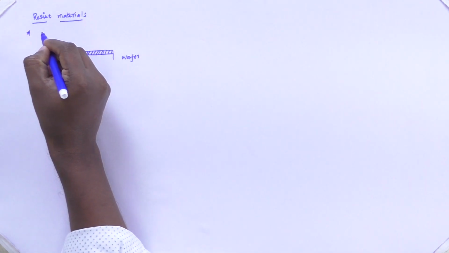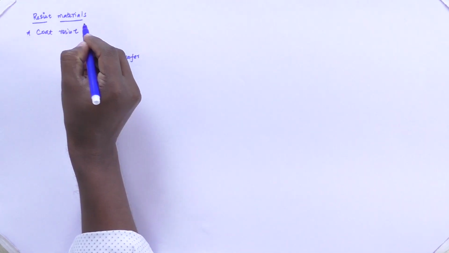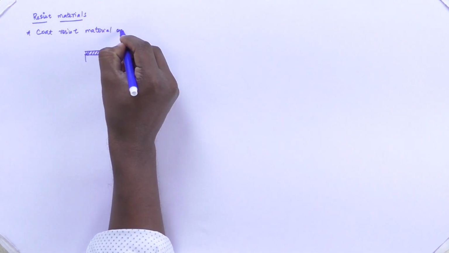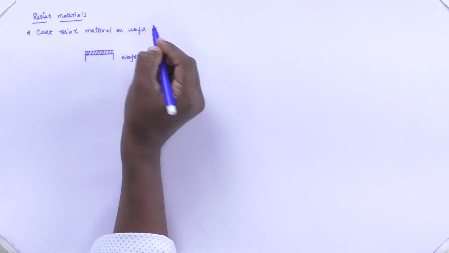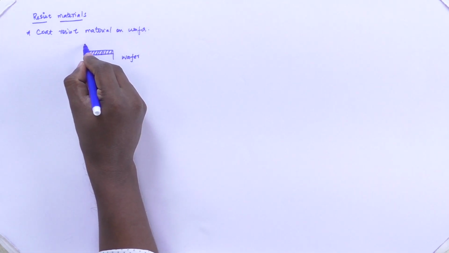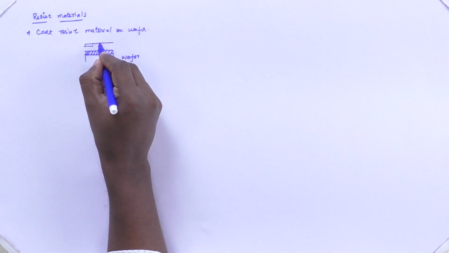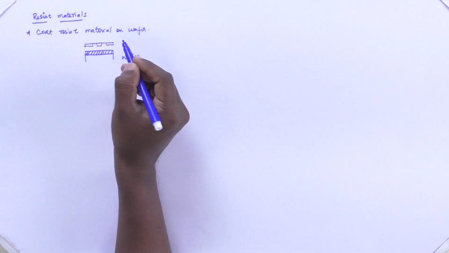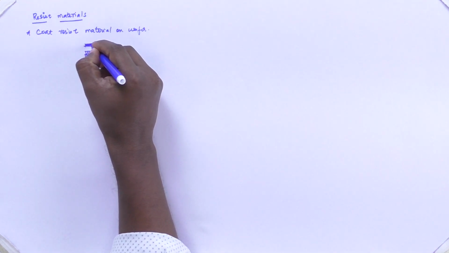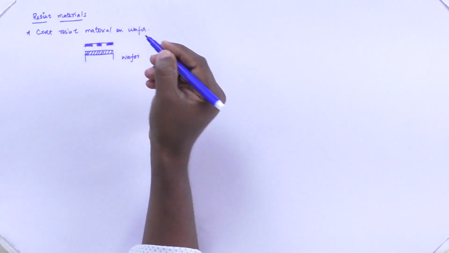So the first thing is you coat the resist material on the wafer. Next, we put a mask. This is the mask which will not allow the electron beam to pass.